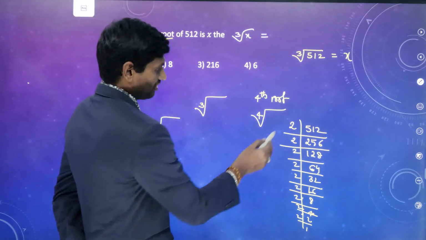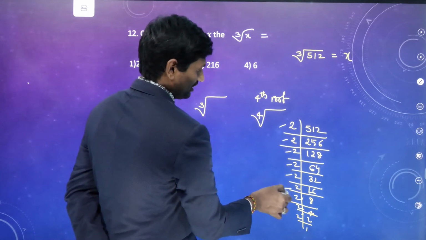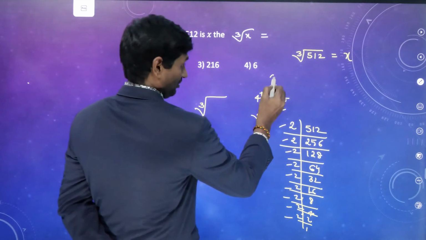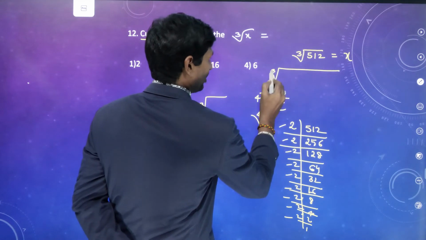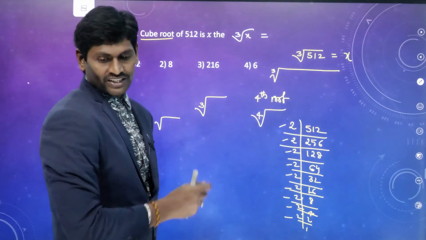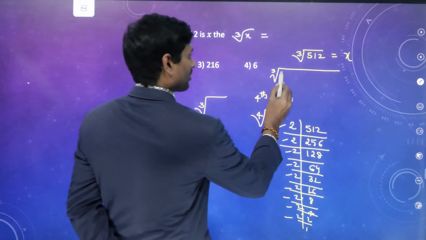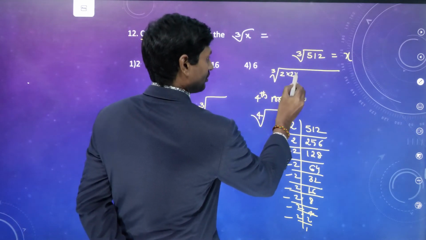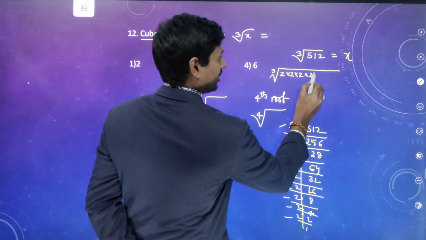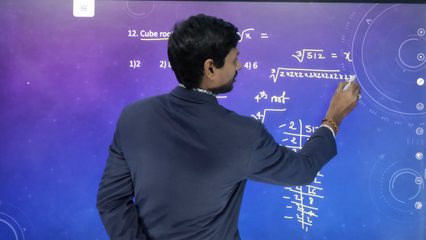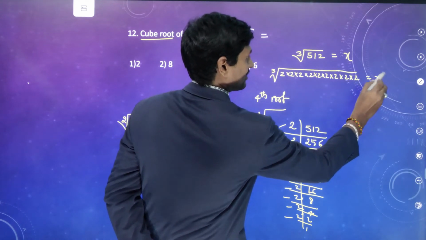How many 2s are there? 1, 2, 3, 4, 5, 6, 7, 8, 9. Total there are 9 2s. That means 512 can be expressed as 2 into 2 into 2, like that 9 times, which equals x.